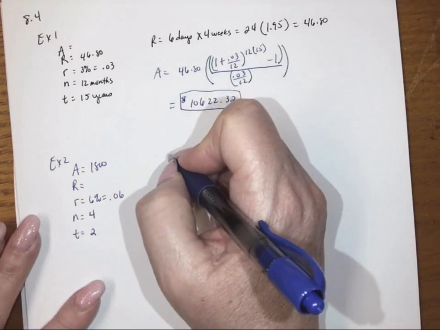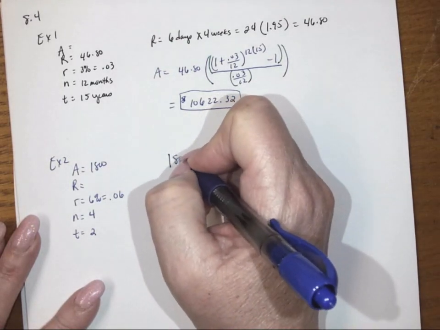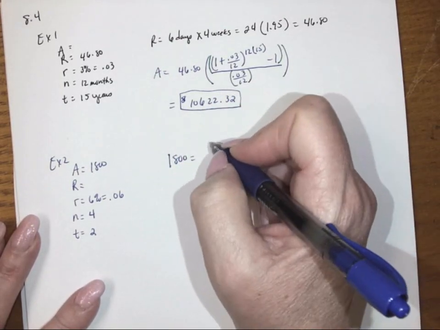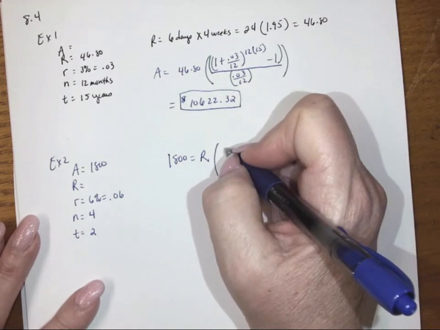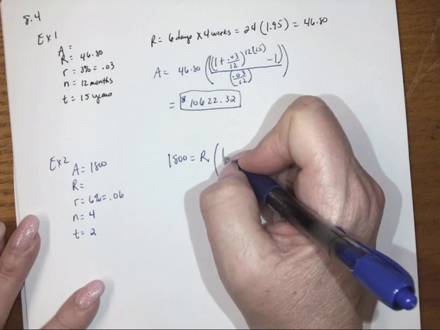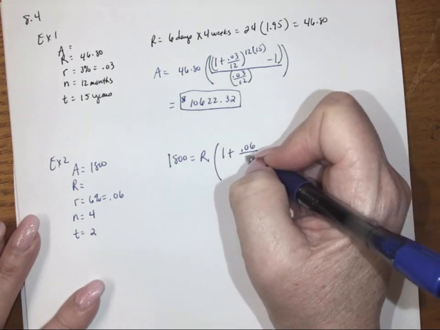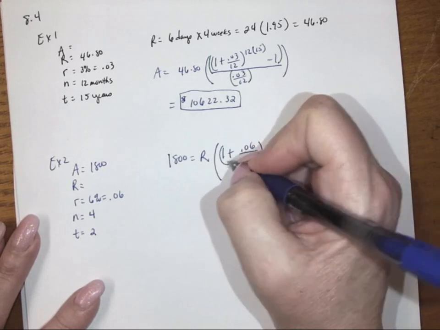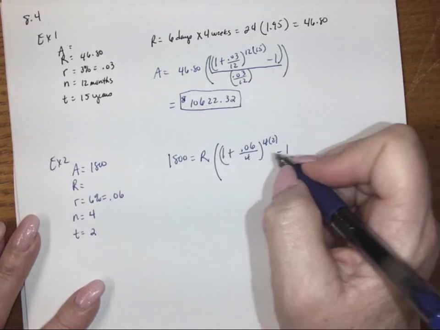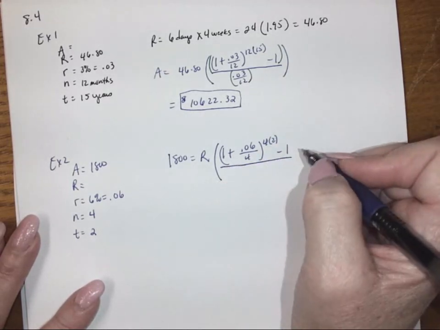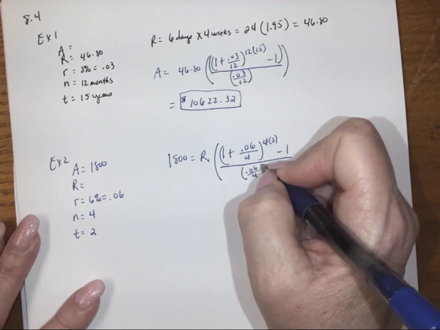So in this case, we're going to have 1,800 because we're using the same big formula. 1,800 is equal to our R times our 1 plus our 0.06 over our N, raised to our N times our T, minus 1, all over our 0.06 divided by 4.